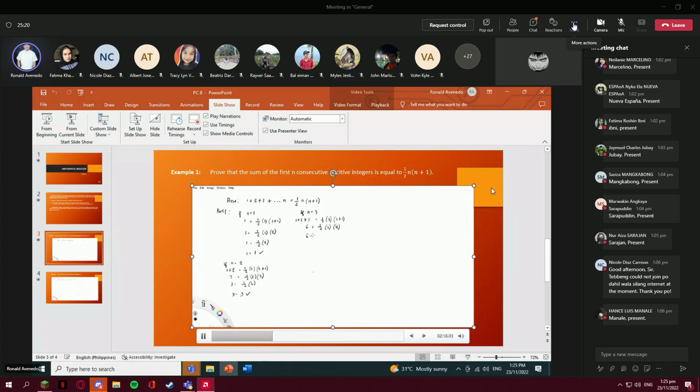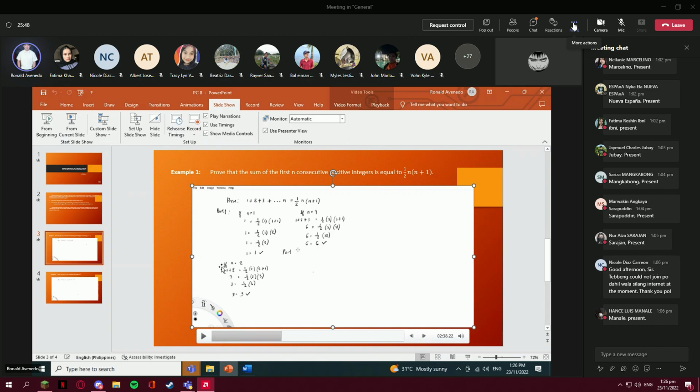So 6 is equal to 1 half of 12, which is equal to 6. The left and the right sides of the equation are both equal to 6, so it is true, but not yet enough to prove that the statement is already true.